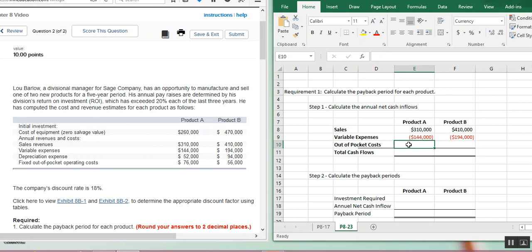And out-of-pocket expenses, looks like $76,000 and $56,000.